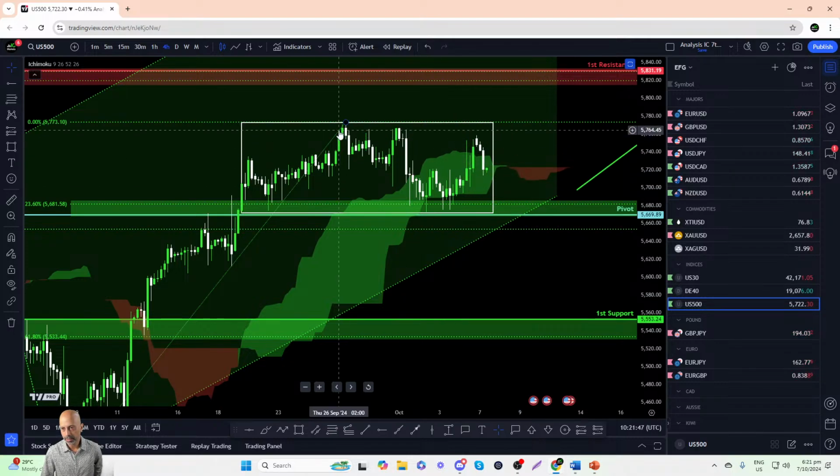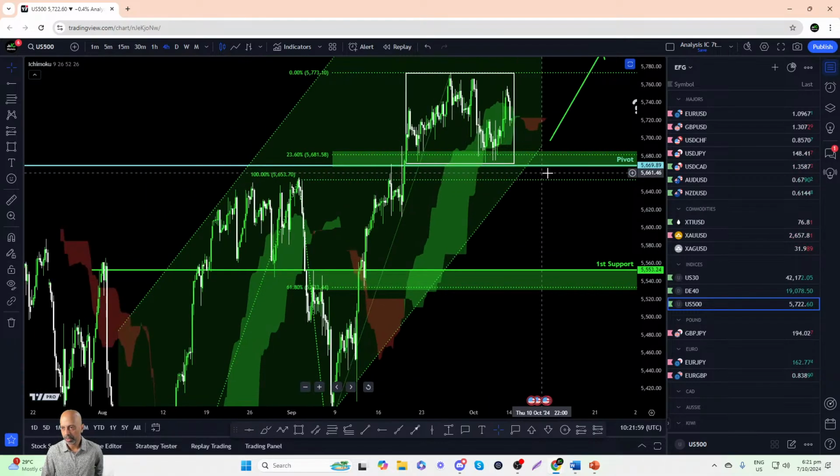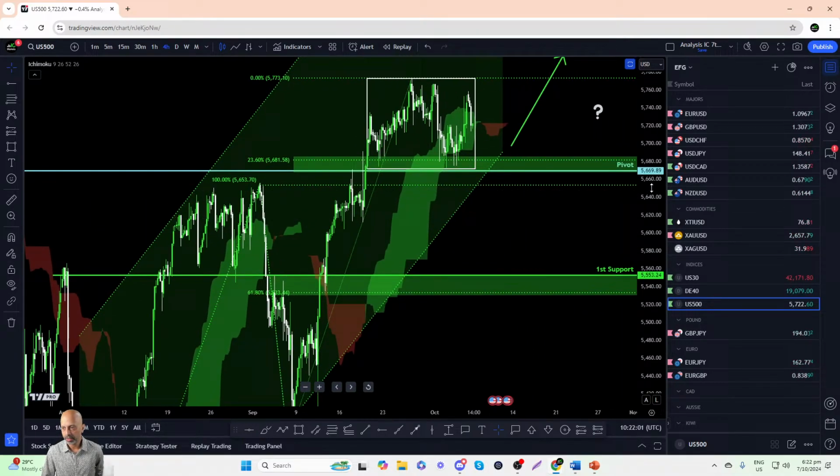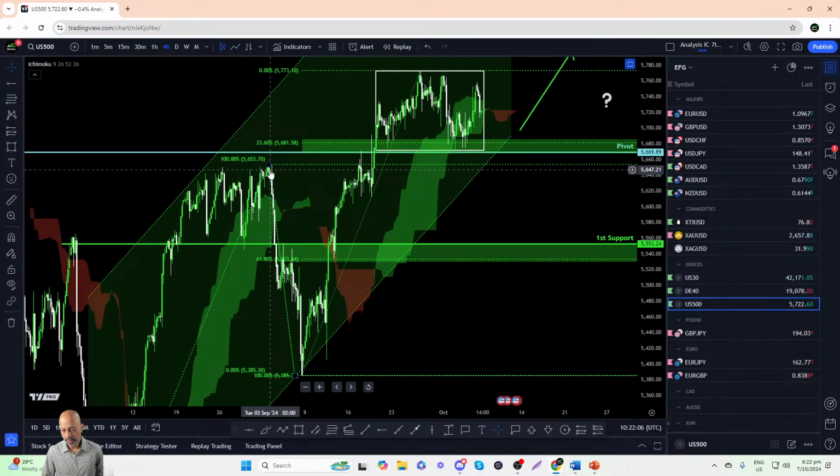We can probably expect equity markets to perhaps just continue to trade within this channel for at least the next couple of days. However, if it does break out of this bullish channel and break below the pivot, then we can definitely expect further downside action. Remember what we saw here at the beginning of September, a pretty strong reversal taking place in the first week of September.